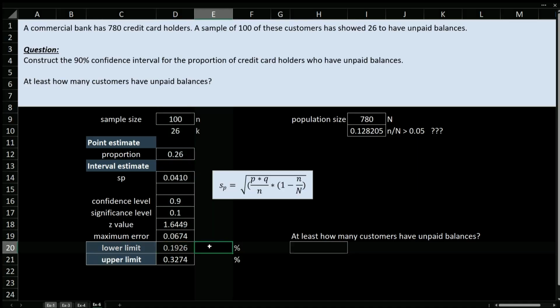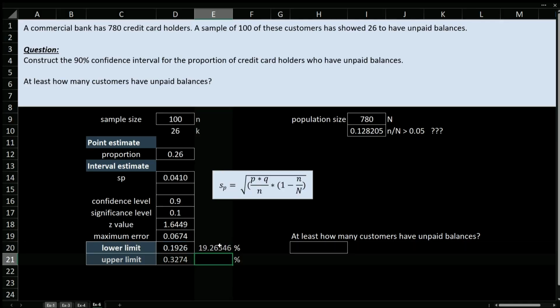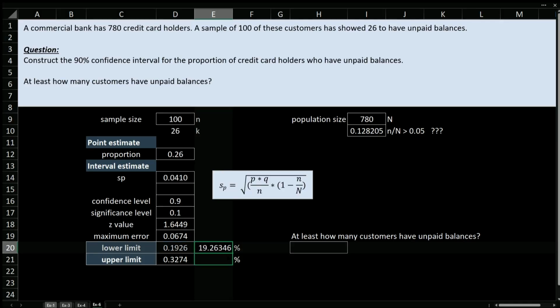Now let's write them in percentage. We can say that it is this one multiplied by 100, this percentage, 19.26%. So if you want to answer the second part of the exercise, at least how many customers have unpaid balances, so the proportion of the people who have unpaid balances is between 19% and 32%.